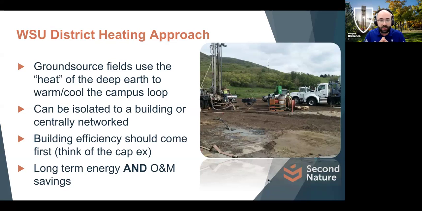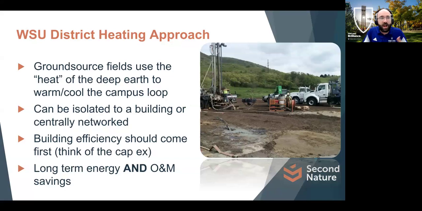We're trying to deploy ground source fields in a strategic way, whether they're centralized and networked with the entire campus or able to be isolated to provide the heat. One thing I'll throw out is that campus is built on an old landslide, so the depth that we can drill to is not quite as deep as what Michael mentioned. Our deepest wells are about 400 feet.